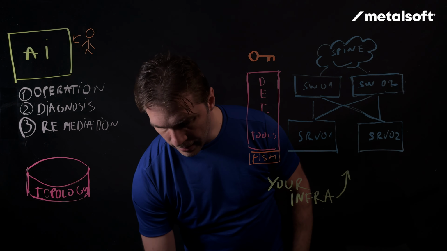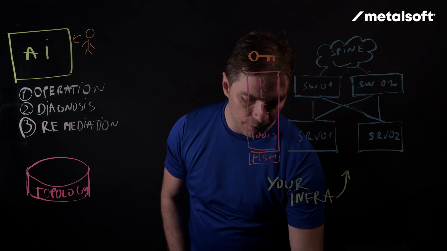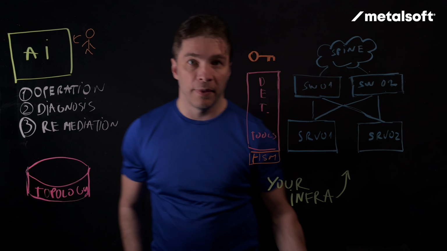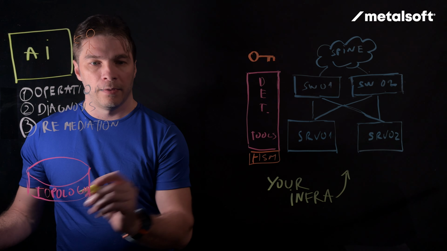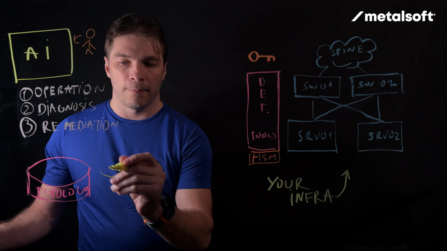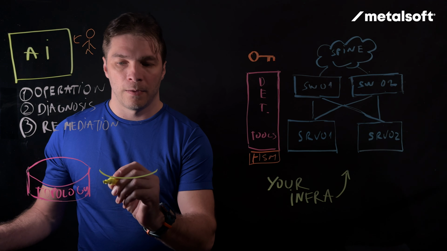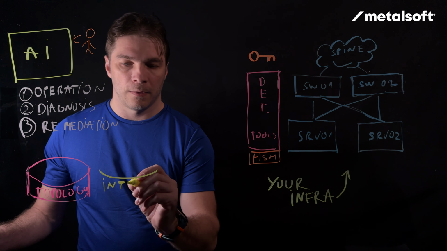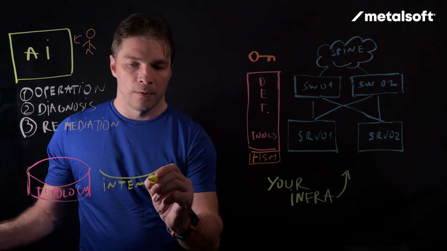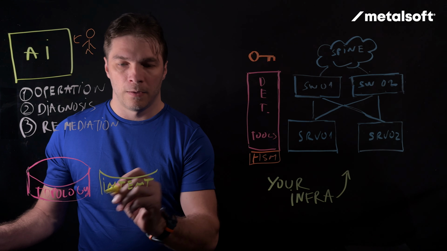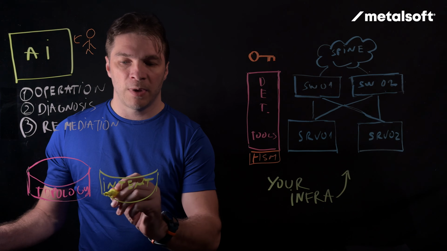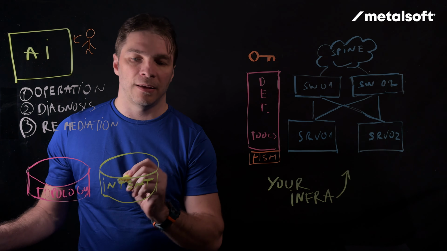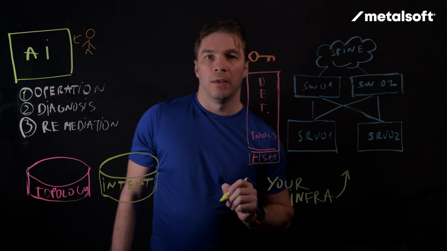And then there's yet another piece that's very important that a lot of people tend to forget, which is intent information. So I'm going to put this guy here. Now, intent information means the desired end state, right?